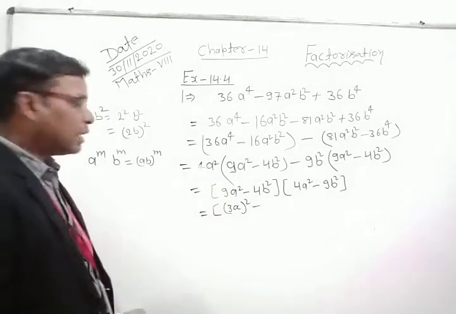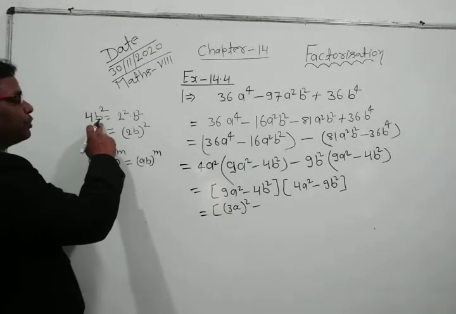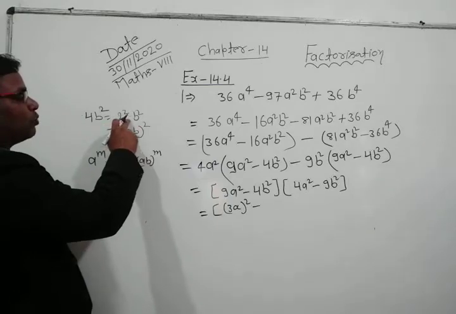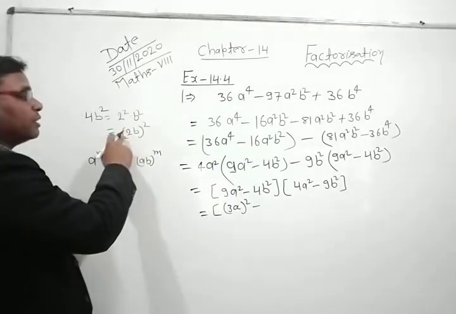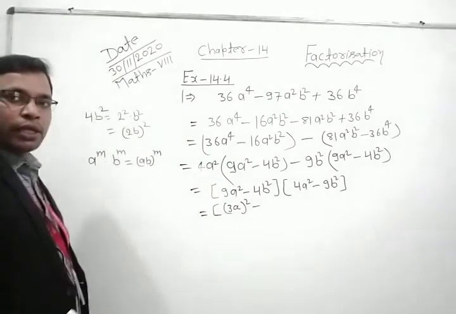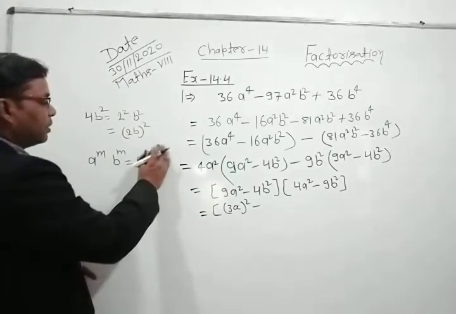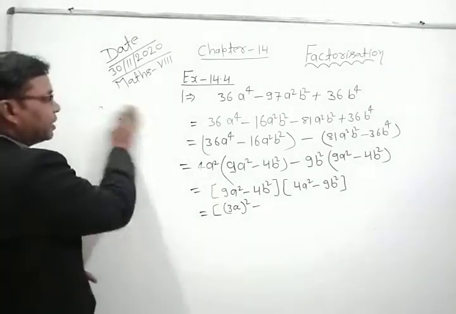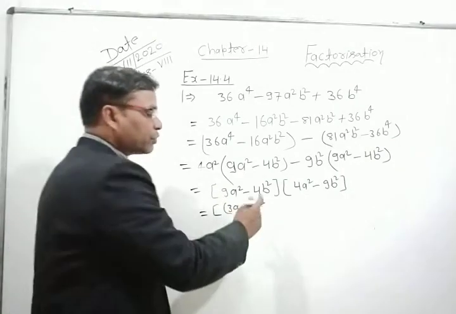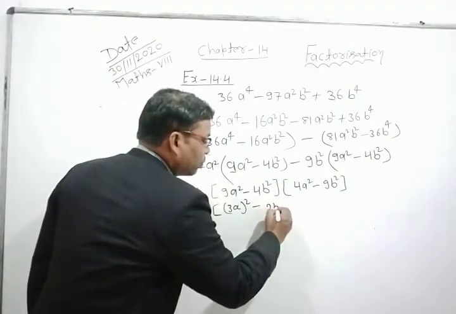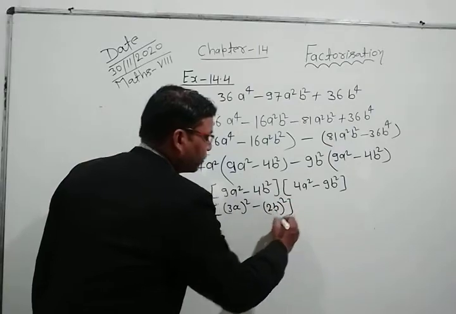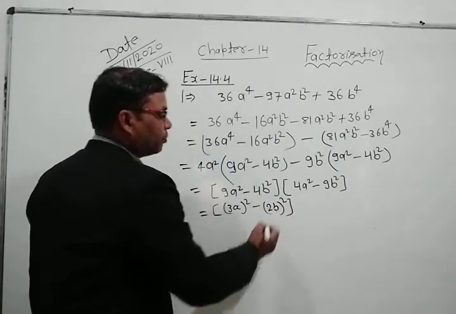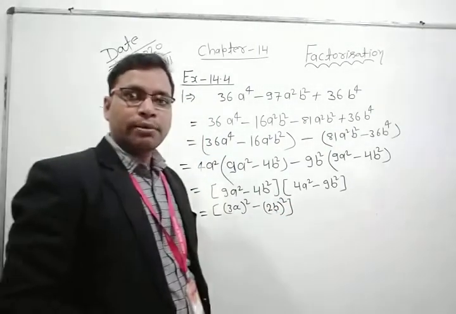Clear? According to this law of exponent, you can write 4b square is equal to 2 to the power 2 into b to the power 2. This is equal to whole square of 2b. Clear? Now, so here we write 4b square is equal to whole square of 2b.